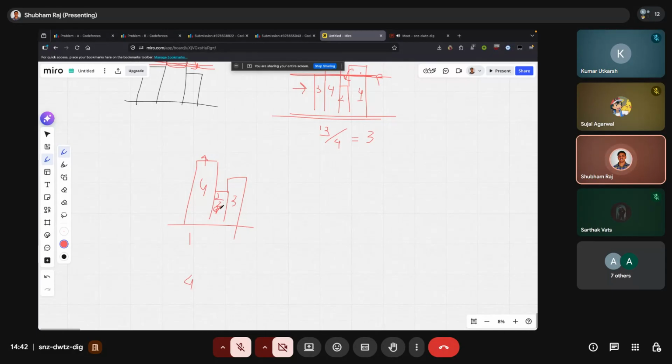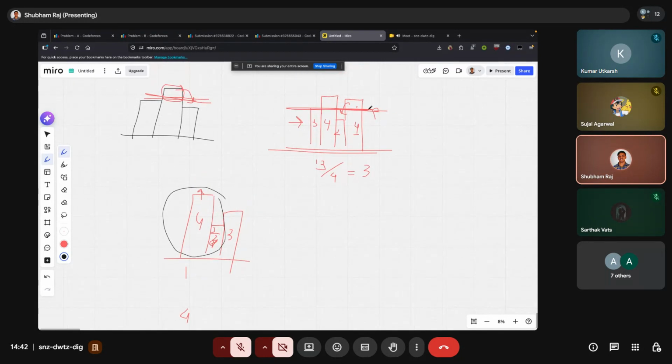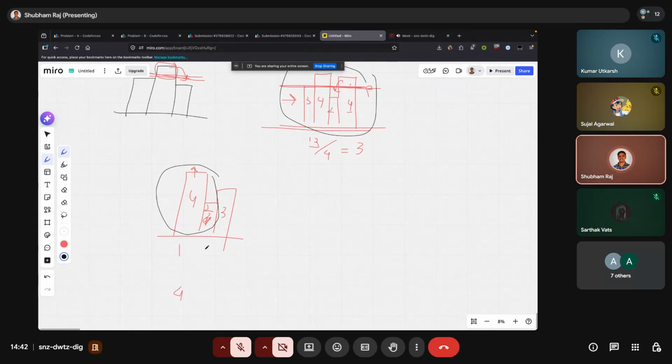If I move to the second part, we can consider this section, this group. Now this group can be combined, and we can use the same analogy here, right? We can divide the whole section into the number of groups, and we can find the maximum.